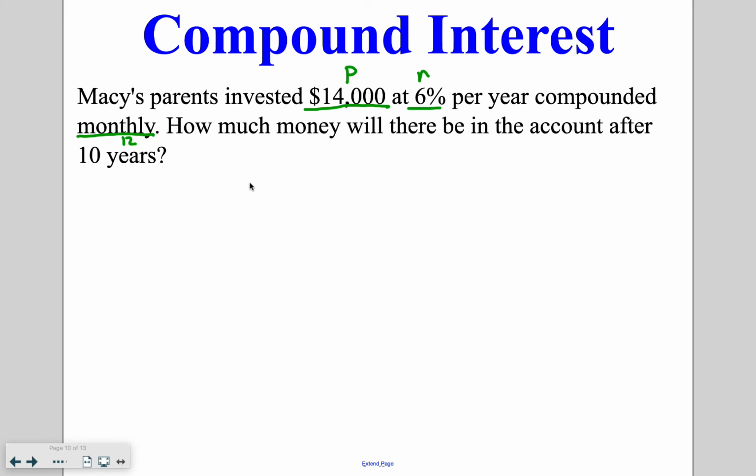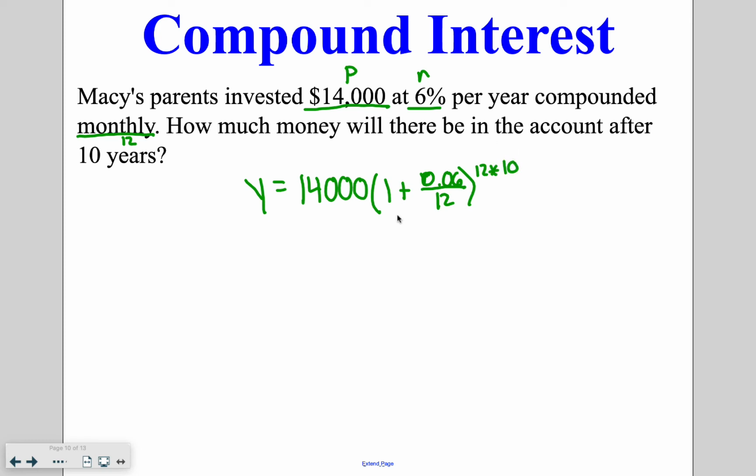So my initial equation here is y equals 14,000 times (1 plus r, which is 0.06, over n, which is 12). And then we have, for this particular problem, 10 years and our n value of 12, so 12 times 10 as the exponent.